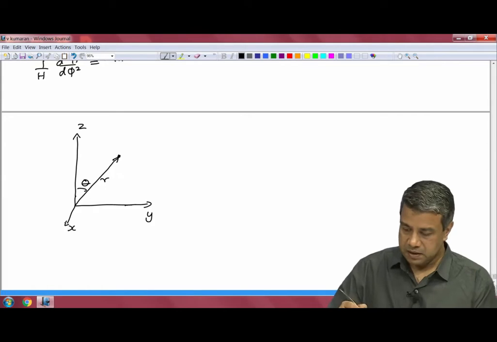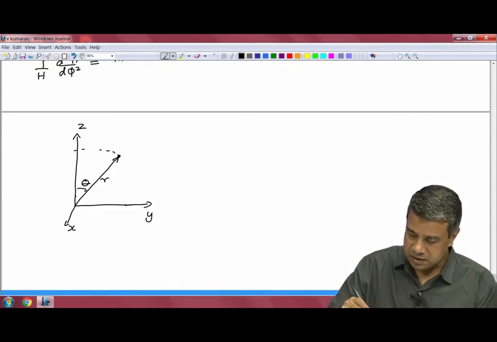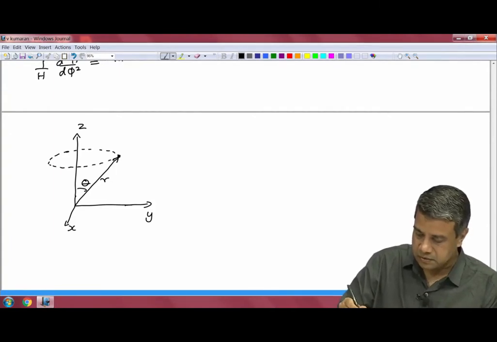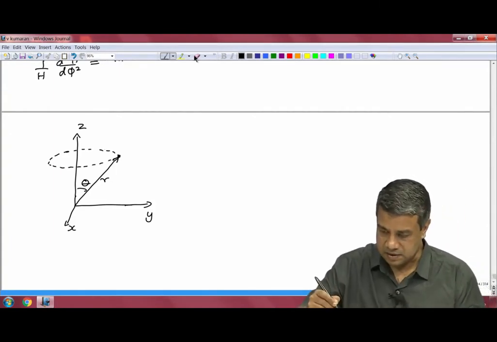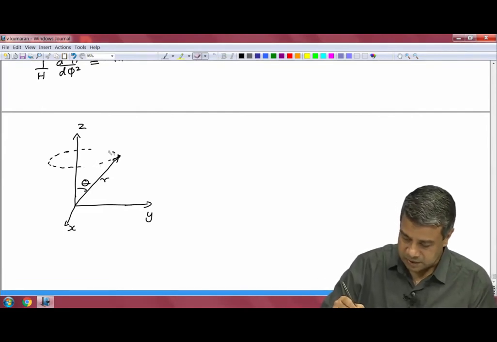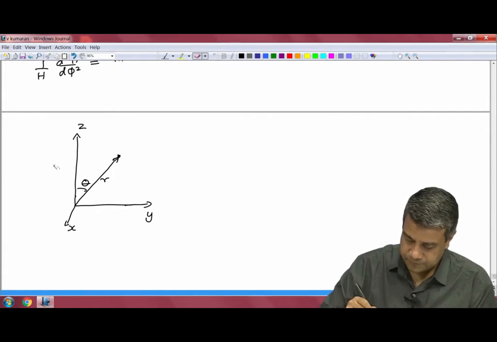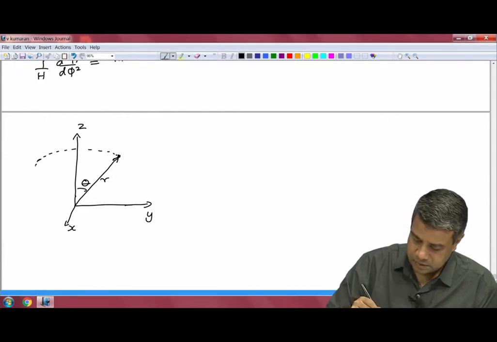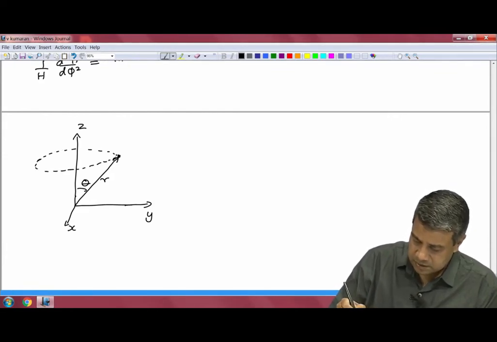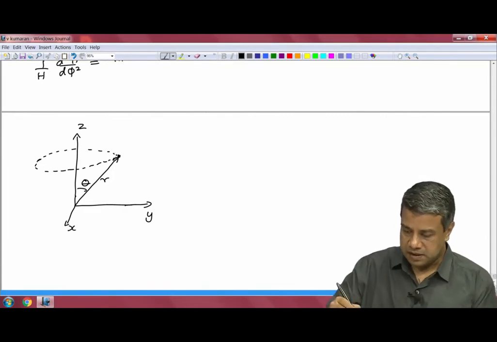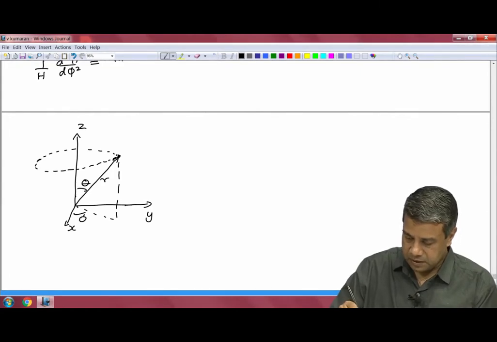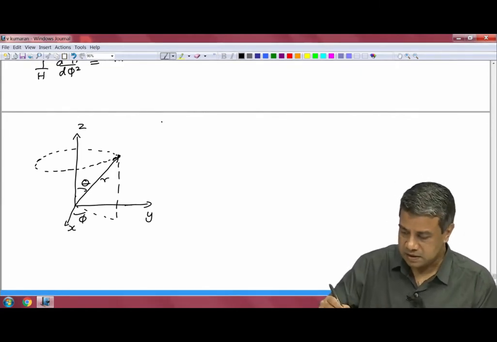As you go around the z axis, this radius vector basically traces out a cone. My cone is not quite regular, so let me try to correct that. It traces out a cone as phi goes around the z axis.